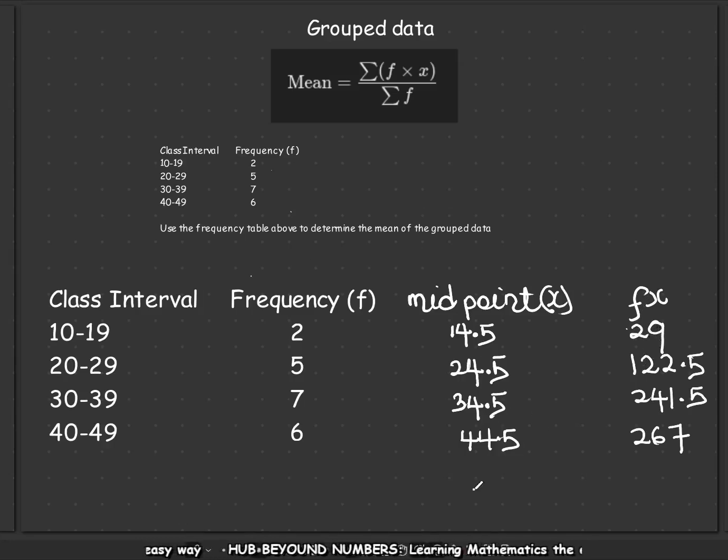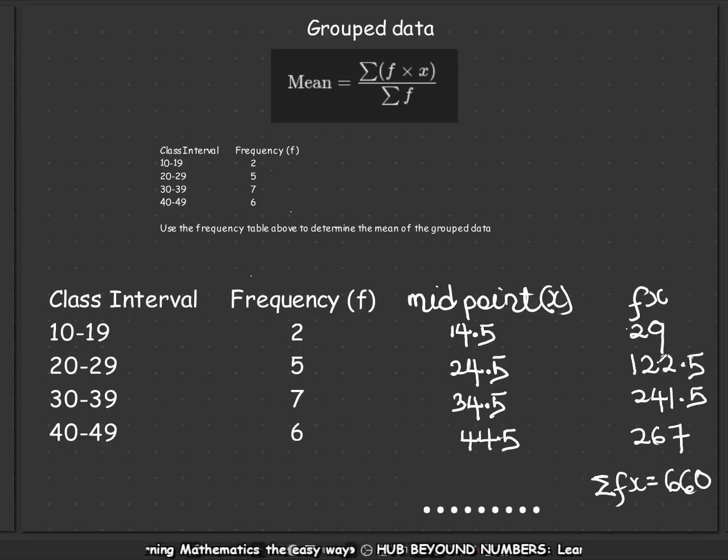So the last thing we need to do is to find the sum of, and that gives us a 660. That is 29 plus 122.5 plus 241.5 and then plus 267. So now that we have gotten the sum of f of x values, we also need the sum of f.